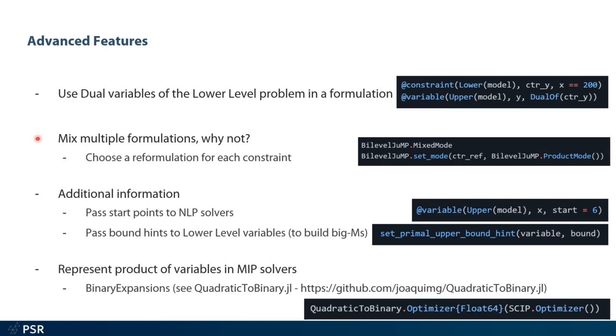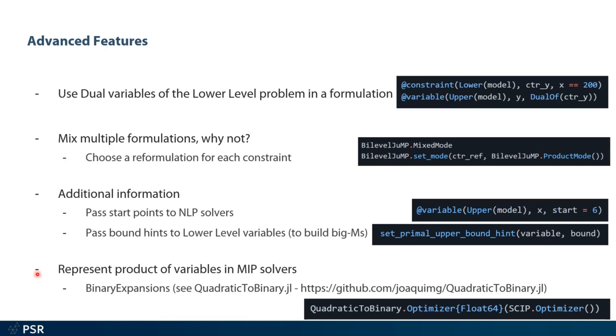That is especially useful in the case of conic optimization, where very few of the formulations are able to handle conic constraints, while all of the formulations can easily handle linear constraints. The third thing that is very interesting is the ability to pass additional information, like starting points that can be used by nonlinear solvers and bound hints that can be used to compute big M's in the Fortuny-Amat formulation.